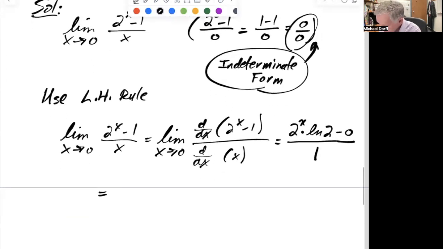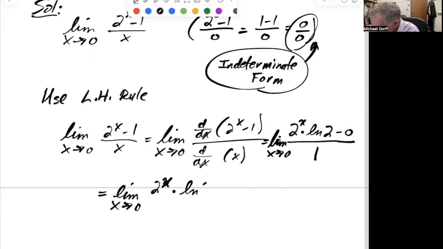And so the answer is, oops, I forgot my limit sign there. Let me write that in here. So I have my limit as x goes to 0 of 2^x times natural log of 2 over 1. When I put in 0 for x, I get 2 to the 0 times natural log of 2, and 2 to the 0 is 1, so I get natural log of 2.